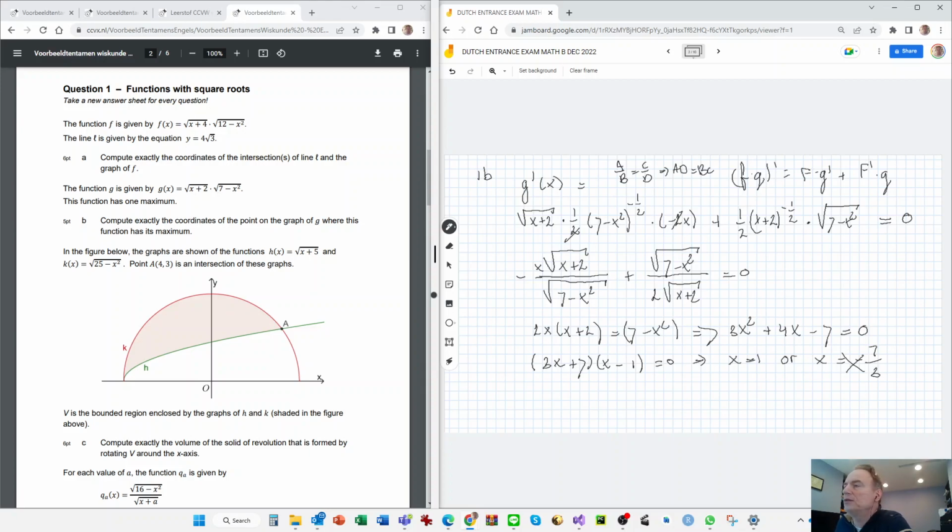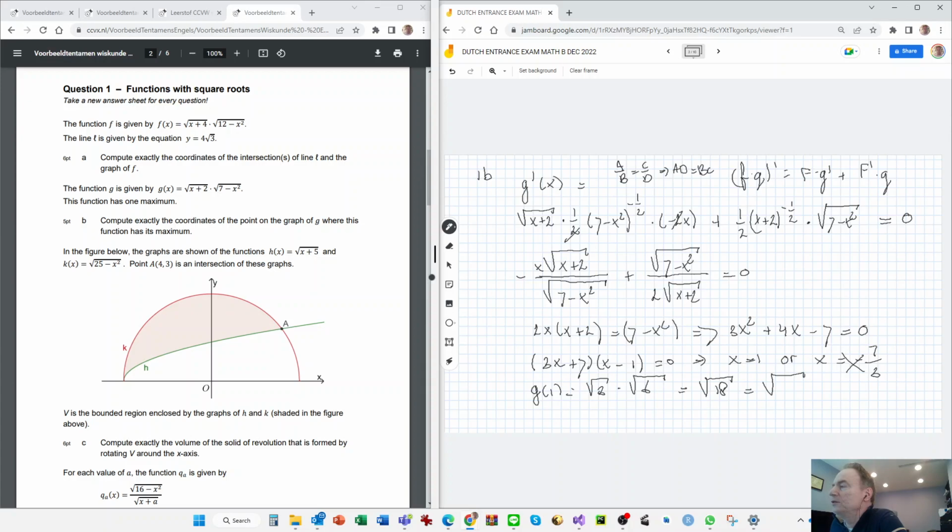And now we just need to find what is g of 1. That's the square root of 3 times the square root of 7 minus 1, 6, is the square root of 18, which you can best simplify with the prime factorization.